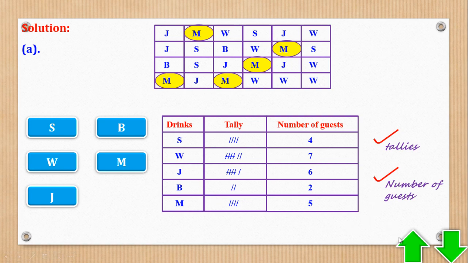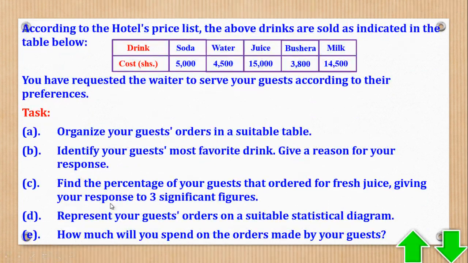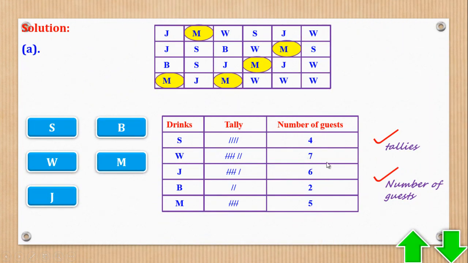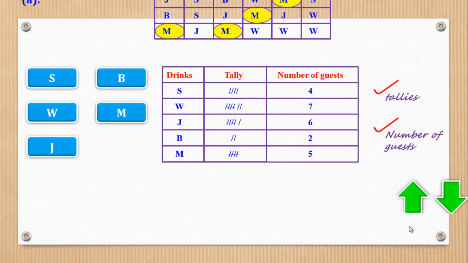Okay, so that was task A. Then task B says, identify your guests' most favorite drink and give a reason for your response. So for most favorite drink, you will come on this table and look for the highest. It is 7. So therefore the most favorite drink is water because it has the highest frequency.